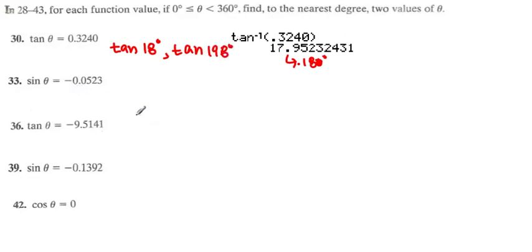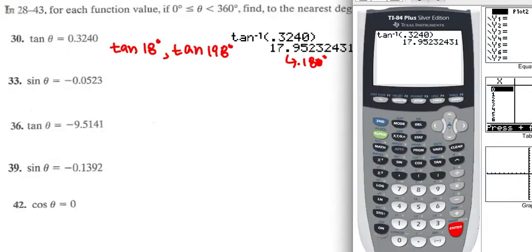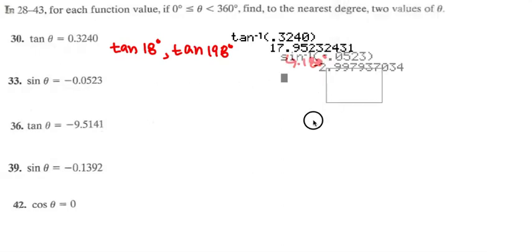Now let's look into the second one. So, second sine of negative 0.0523. And if I press enter, that's basically what we end up getting. Here, that means since sine is negative, then we are looking at third or fourth quadrant with a reference angle of basically 3 degrees.